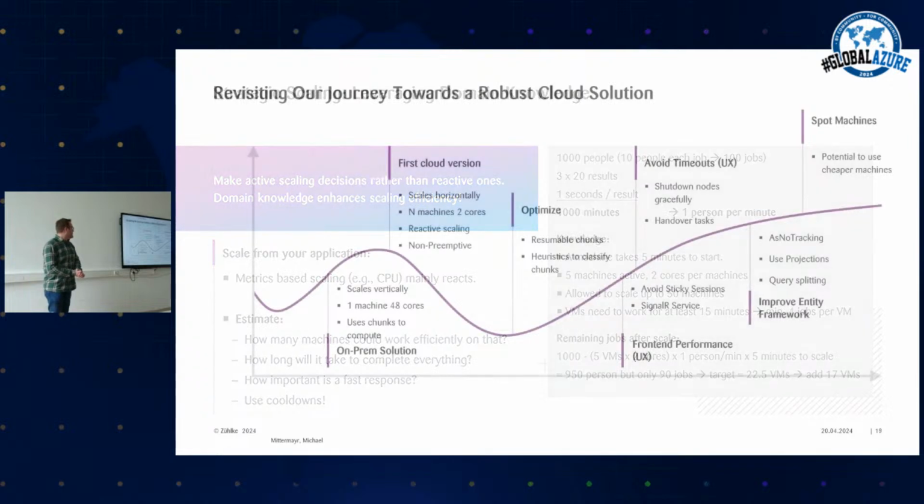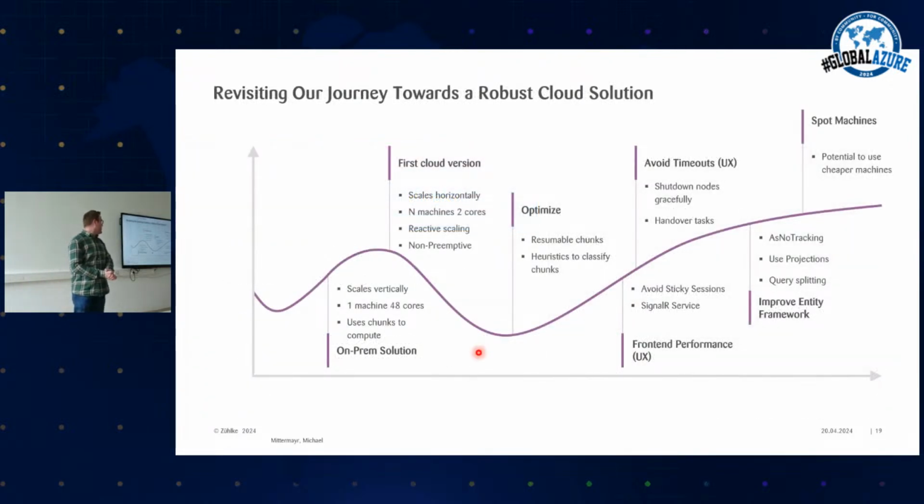Well, again, revisiting the journey that we have taken and the steps and the reasons behind them. As I said, we started on-prem with a single machine with 48 cores doing all of that. We already had the computation chunked up in slices in order to allow new computations to start with higher priority.